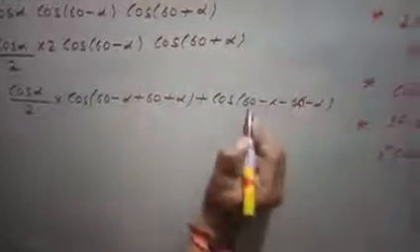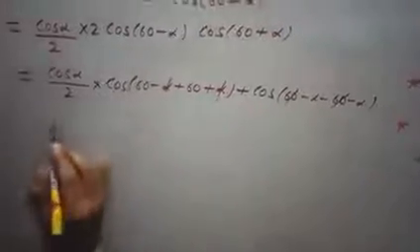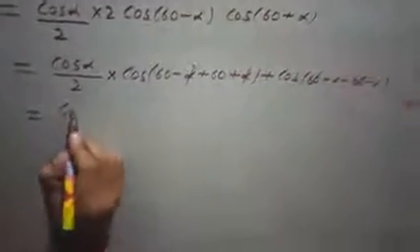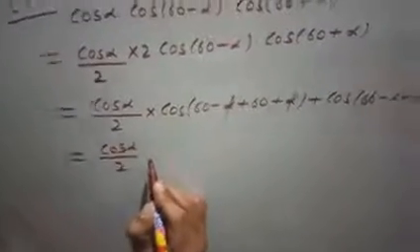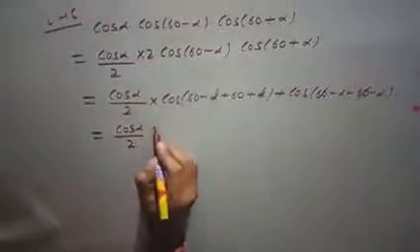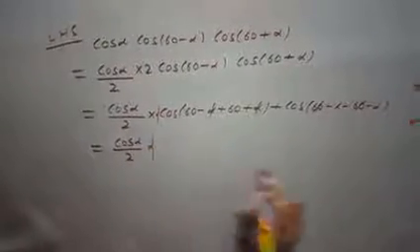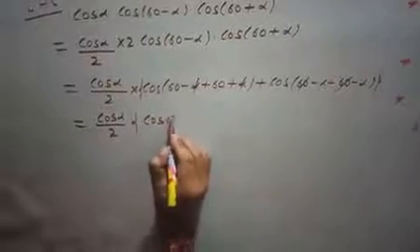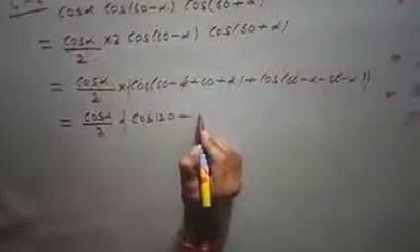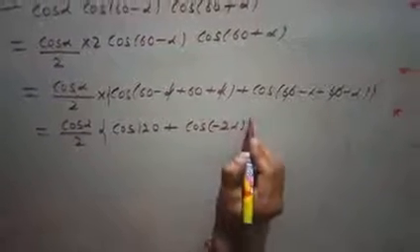Now if we see, 60 cancels, alpha alpha cancels, so that is cos alpha by 2 into cos 120 degree plus cos(minus 2 alpha).